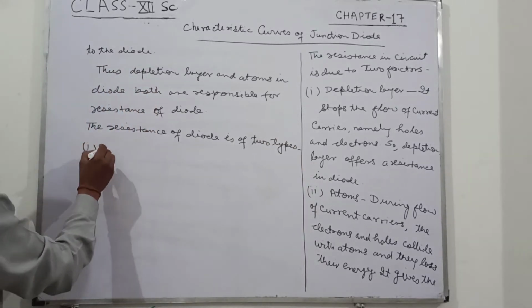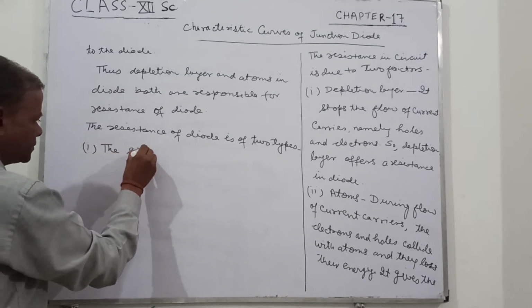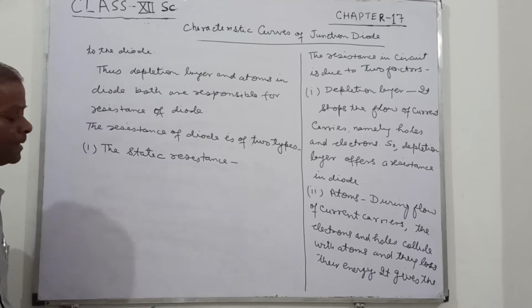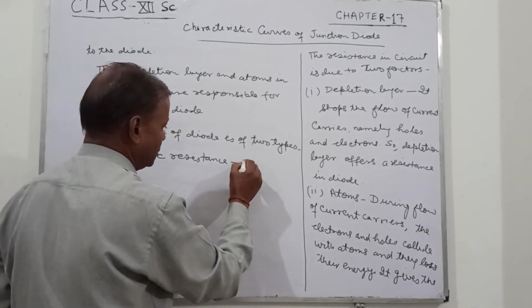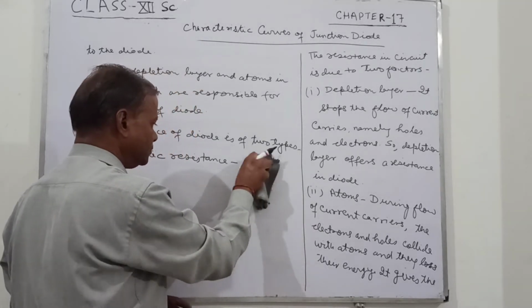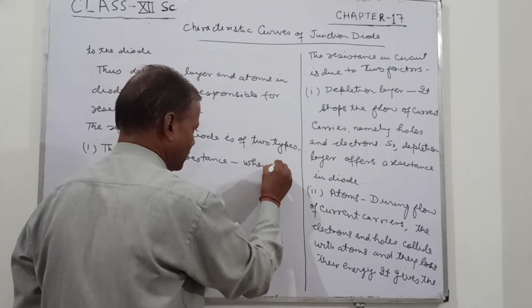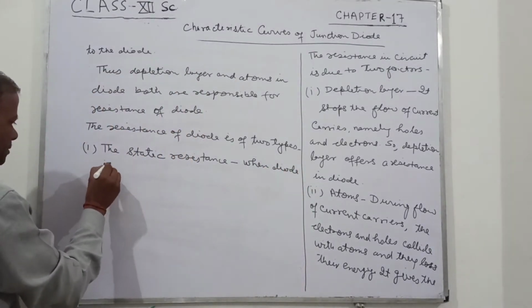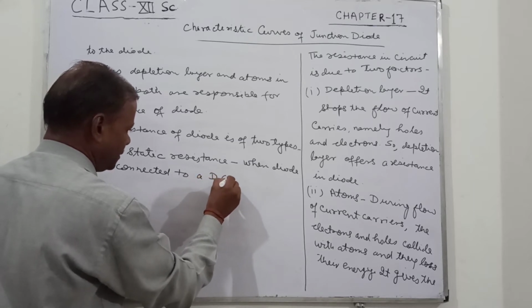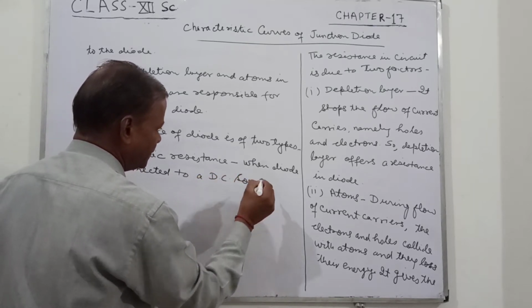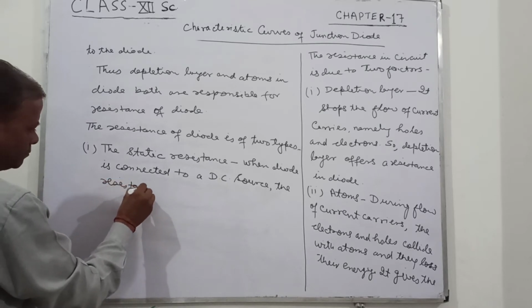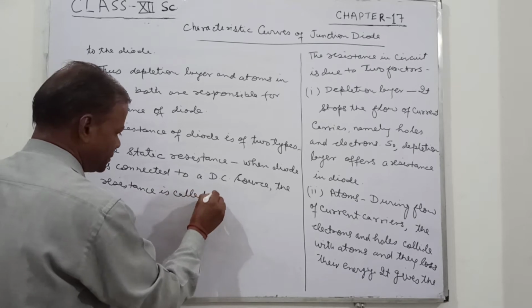Number one, the static resistance. When diode is connected to a DC source, the resistance is called static resistance.